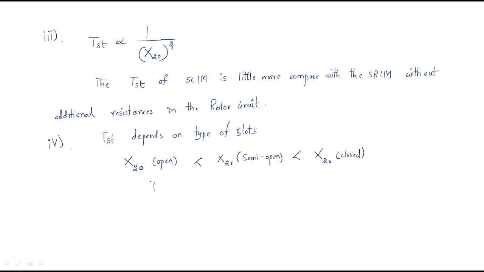And in this we can write that the starting torque of open slots is low, the starting torque of semi open slots is better, and the starting torque of closed slots is somewhat better.